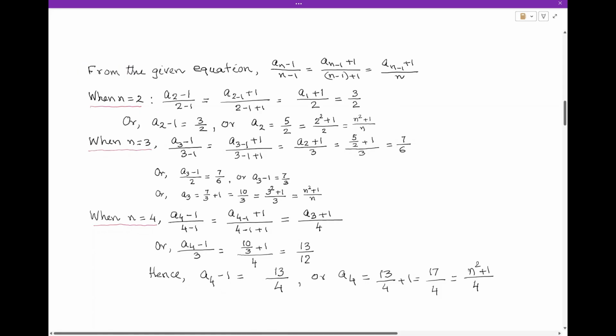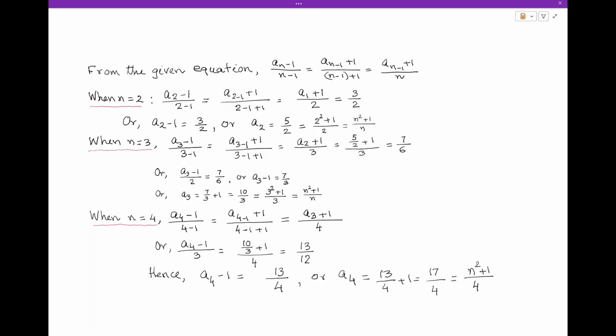From the given equation, this can be further simplified to a subscript n minus 1 plus 1 in the numerator, and in the denominator it will become n. Now let us examine this equation giving different values of n starting from 2, because this formula is valid for n greater than or equal to 2.